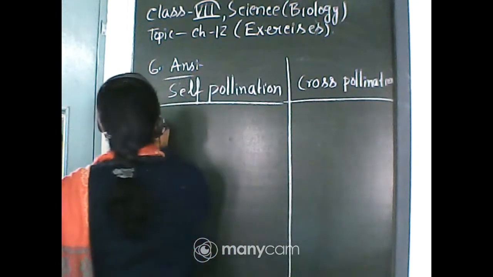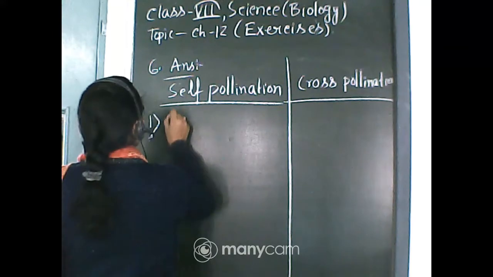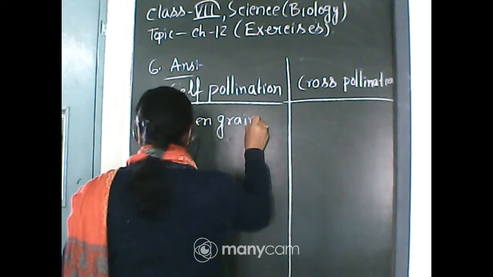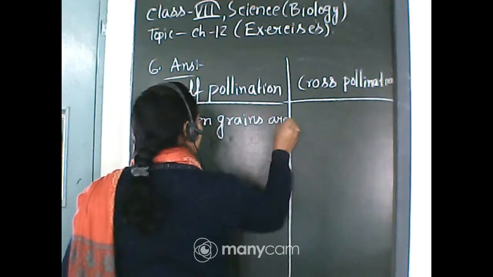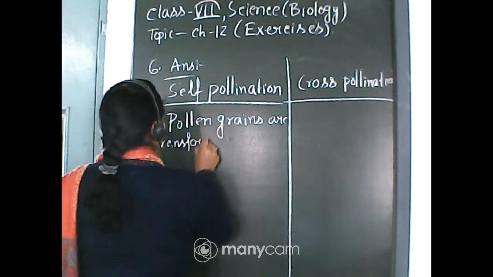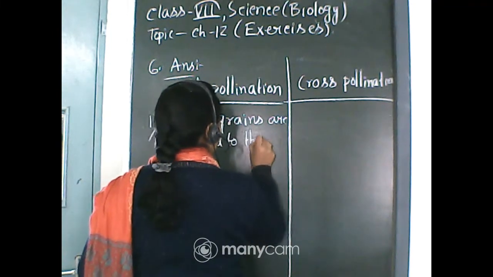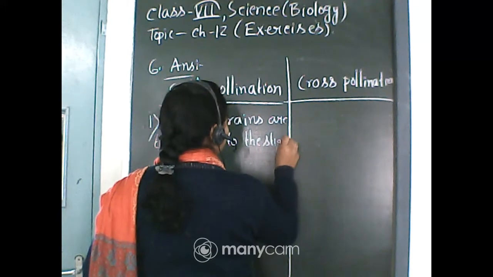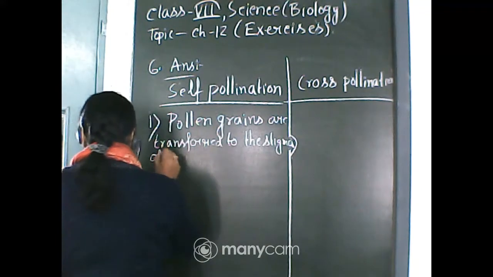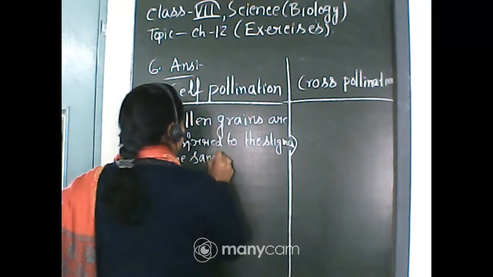Now coming to the first point of difference, you can write that pollen grains are transferred to the stigma of the same flower.